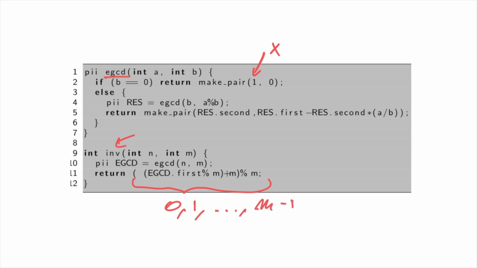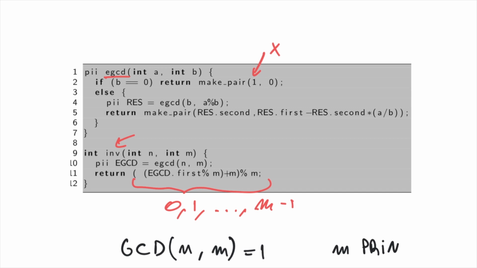Of course, this will work if the GCD of the number you're trying to invert and the modulo is 1. So we can only compute inverses for numbers that are co-prime with the modulo. In many problems, we usually take M prime, and then because M is co-prime with all numbers lower than itself, we can invert any number that we want.